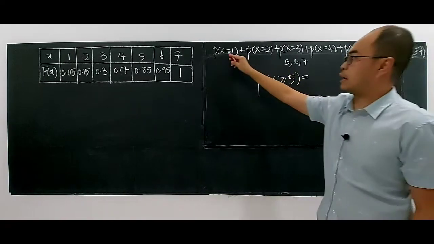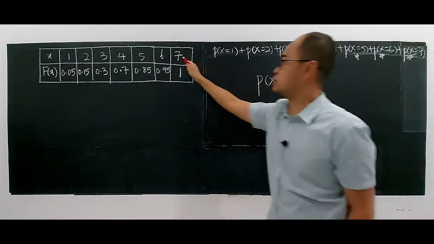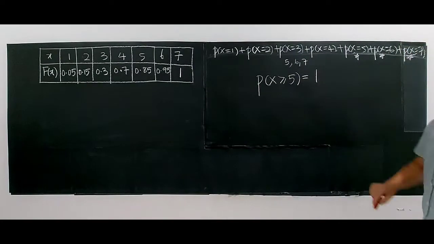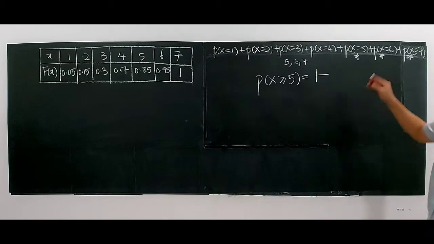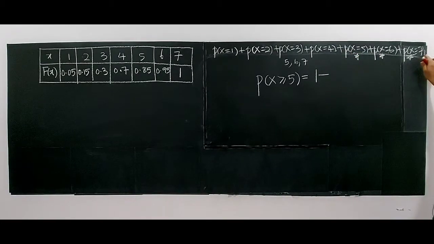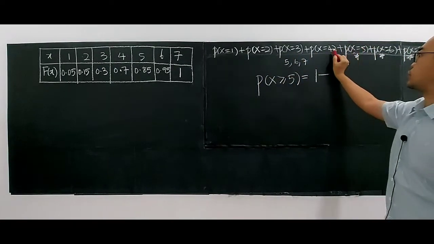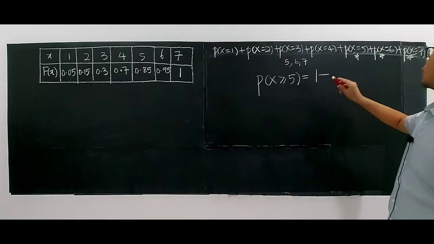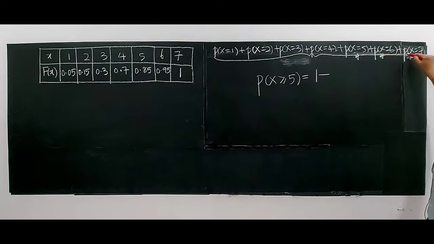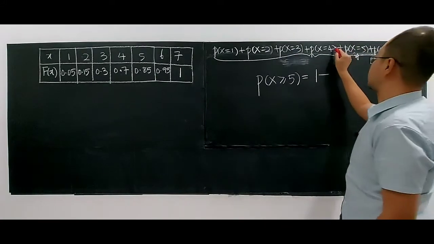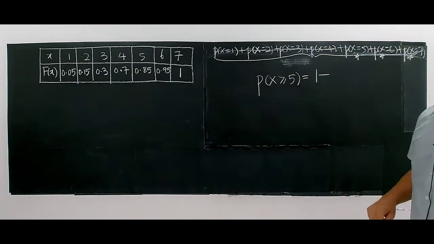So you know that the sum of 1, 2, 3, 4, 5, 6, 7 up to 7 is 1. So you have to minus away something to get the probability here. You take everything from 1 up to 7, minus away the part before 5, which is 1, 2, 3, 4.